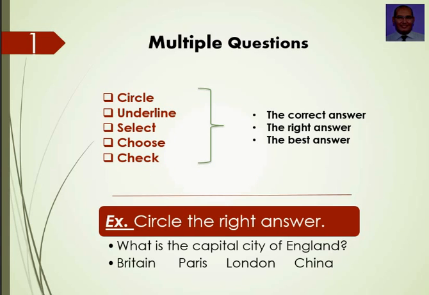That means you do this instead. Okay? So circle the answer. It is true that you pick the right choice, but again, how you answer will reflect whether you understand the question or not. And that is very important in some exams and tests like the TOEFL or the IELTS tests.